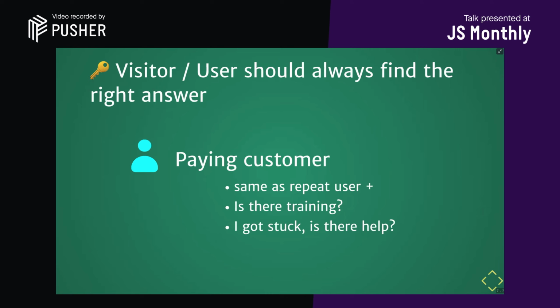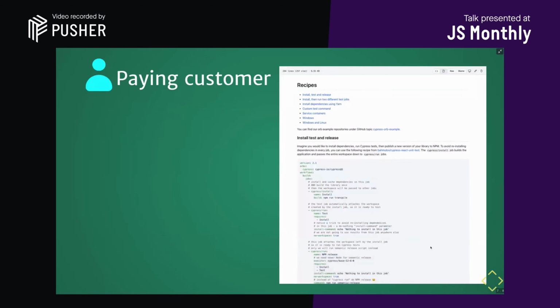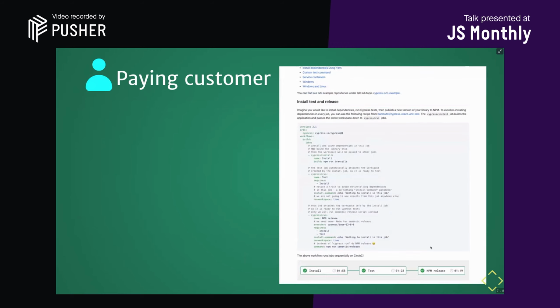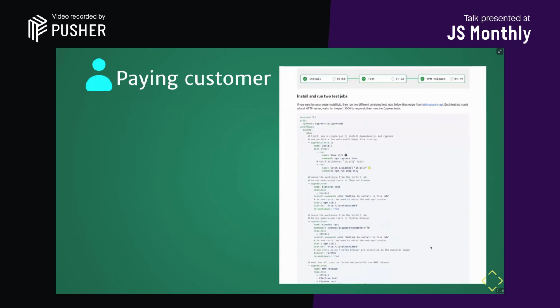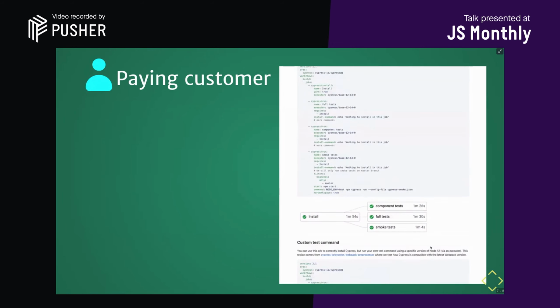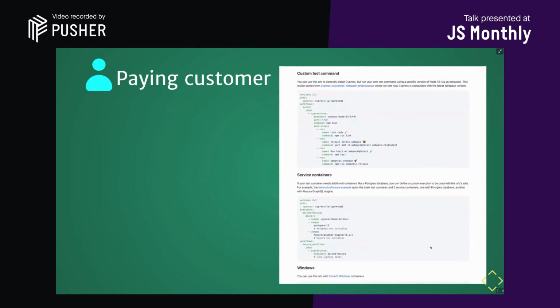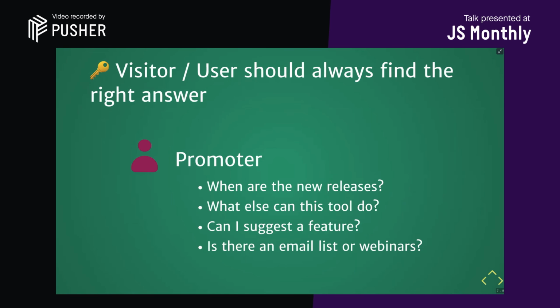Is there support available? So you probably want to create more complicated recipes, not just individual how-to-do-X examples. Finally, promoters, the people who recommend things, the people who love your tool, you probably want to push updates, tell them what's coming up, the roadmap, and so on.